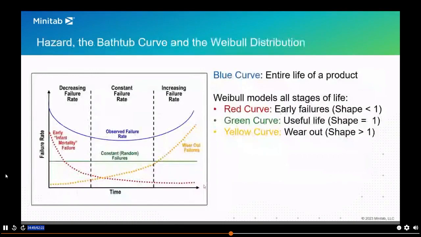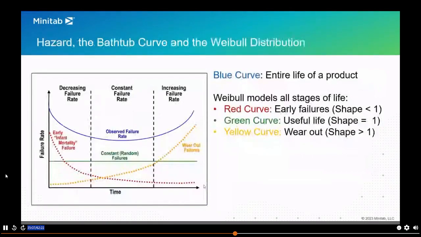If something's going to fail early on, it's going to fail right away because most likely there was a manufacturing defect, right? So let's say we're talking about something electronic. Something was welded incorrectly on a circuit board, right?